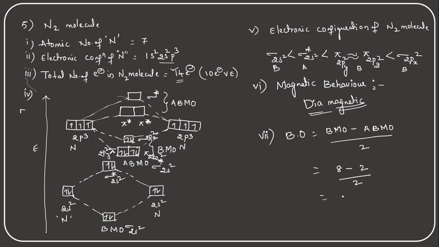So 8 minus 2 is 6, divided by 2, that gives 3. That means each nitrogen can form 3 bonds, or between the two nitrogens it can form 3 bonds. So this is about the N2 molecule.